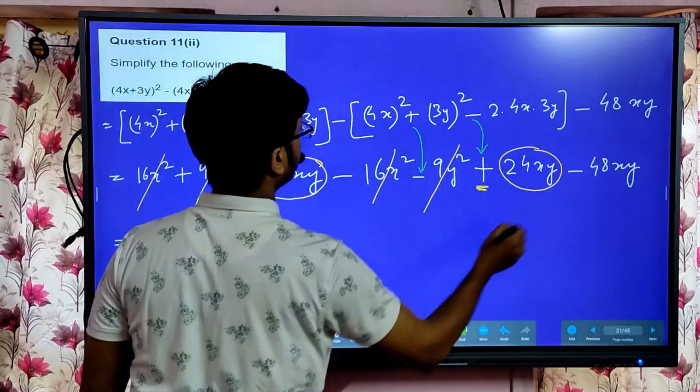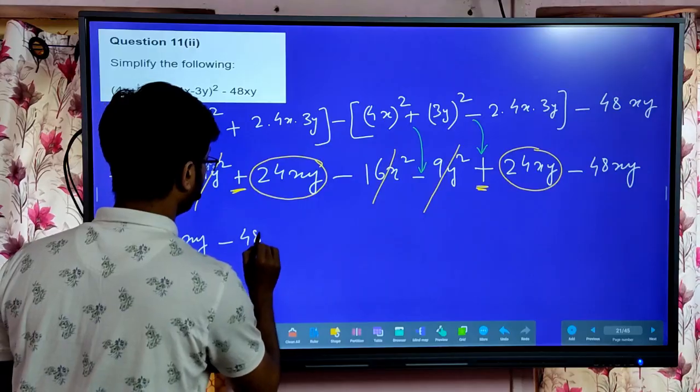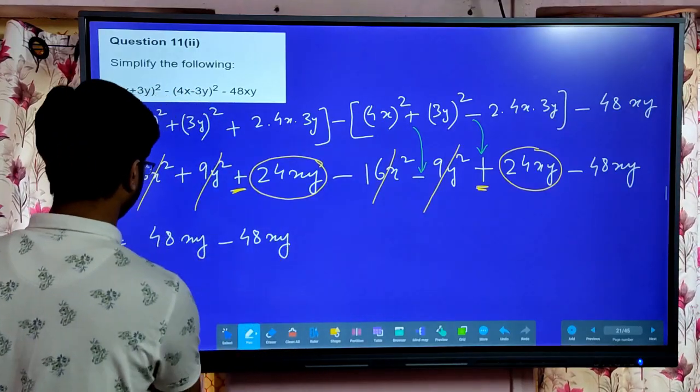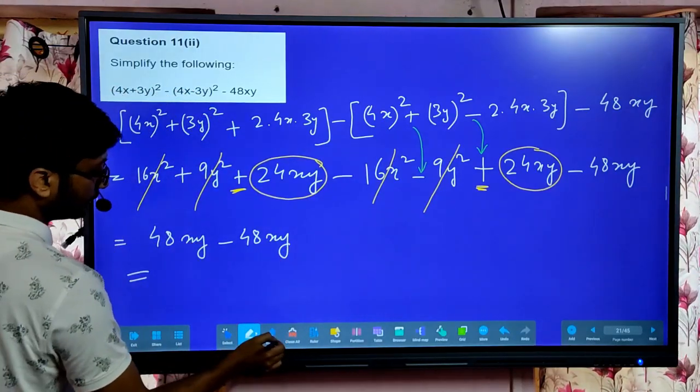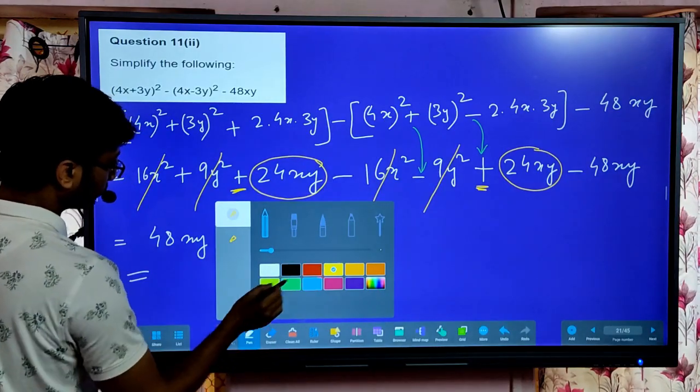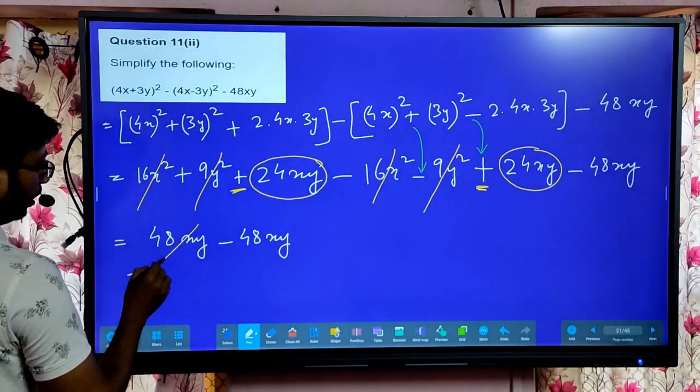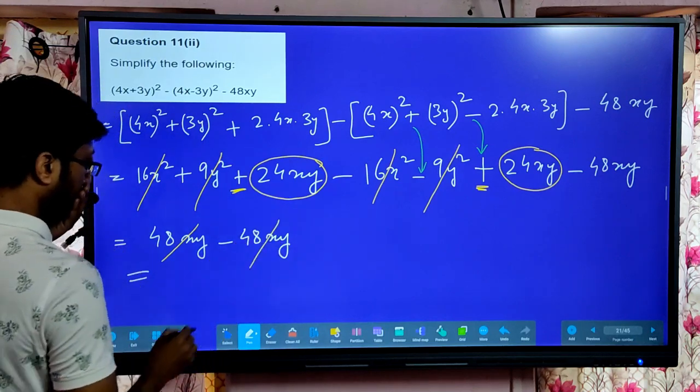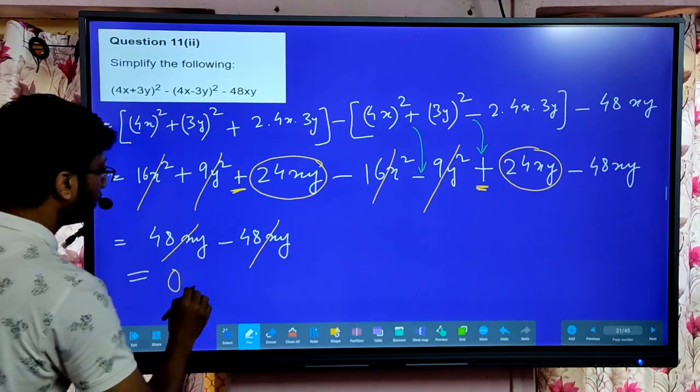And there is minus 48xy, so now they will get cancelled out again. And the answer is 0.